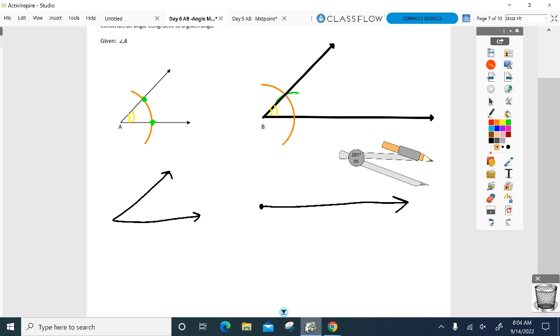Measure the distance between the points of intersection and then go over. Don't put it on the endpoint of your ray, put it on your point of intersection.